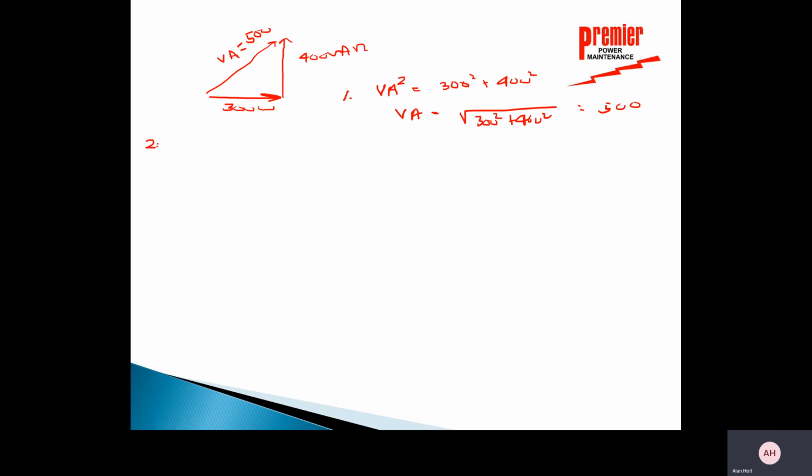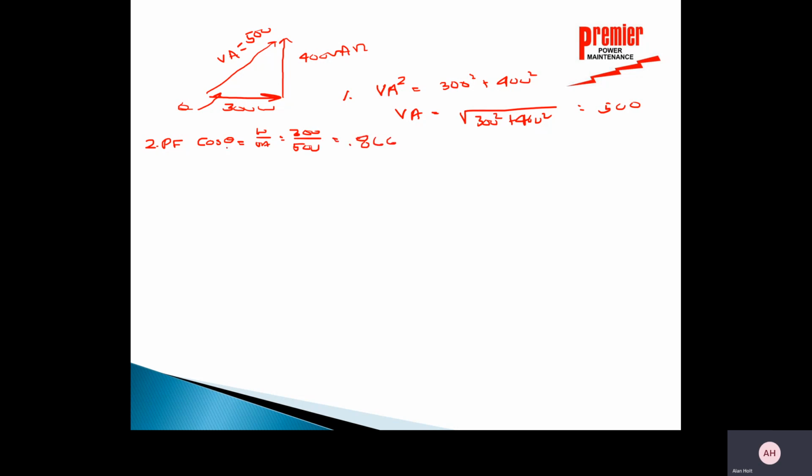Well, question number 2 is, what's the power factor? Well, power factor is the cosine of this angle. And the cosine of this angle is always watts over VA, which is 300 divided by 500, equal to 0.866.